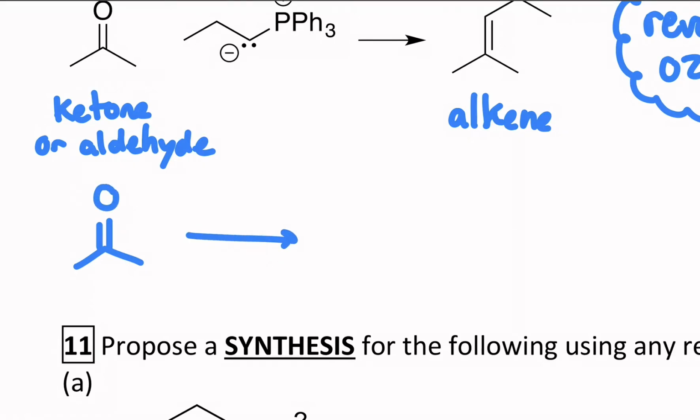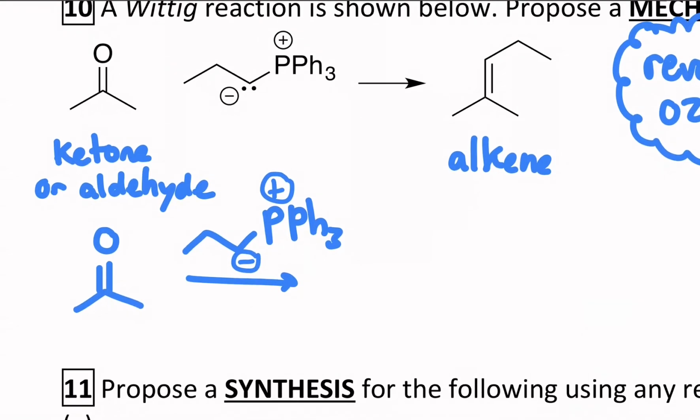So how this happens, let's redraw the ketone and show the Wittig reagent as an ylide. There's a plus on the phosphorus, and a minus on the carbon. Now in order to do this, we need to make a carbon-carbon bond. We've got a very electron-rich carbon on the Wittig reagent and a fairly electron-poor carbon on the ketone.